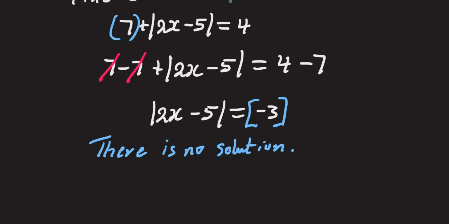Absolute value cannot be equal to negative 3. A negative number cannot be equal to an absolute value, so no solution. All right, let's go on to the next question.